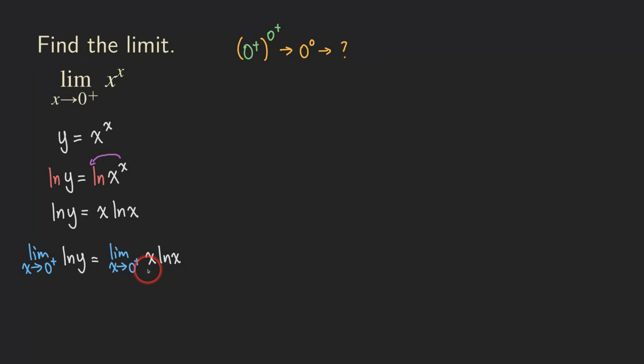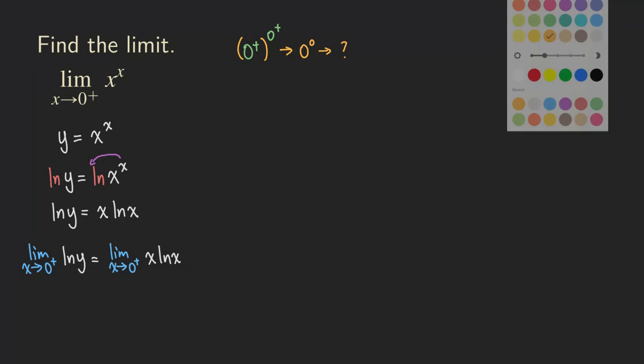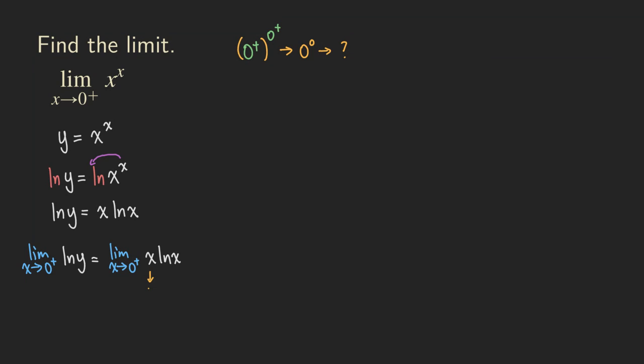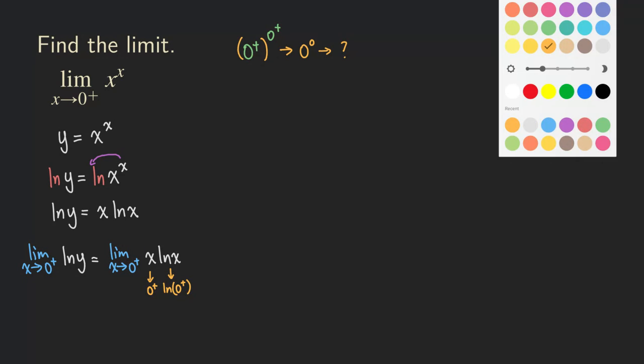If we plug the 0 in here, we are going to analyze this form one more time. This x is approaching 0 from the right side, and when we consider that, we have Ln of 0 from the right side, and that actually is approaching negative infinity.